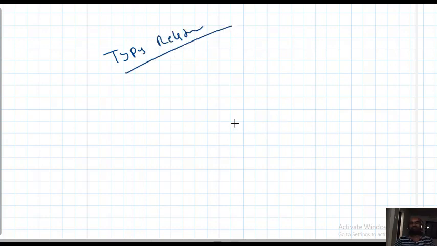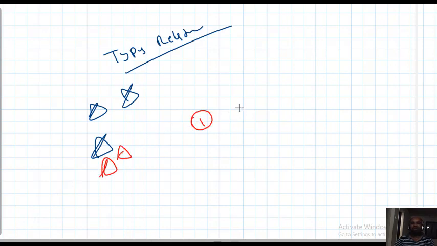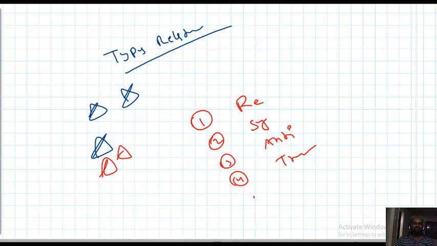Students, listen. Types of relations. There are several types, and these are very important. The first is reflexive relation, then symmetric relation, anti-symmetric relation, transitive relation and equivalence relation.